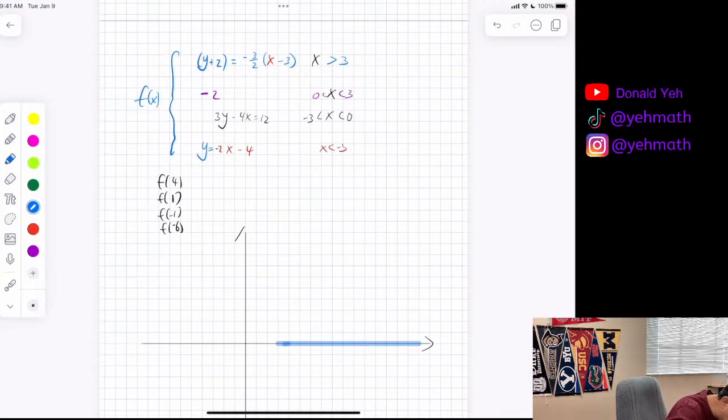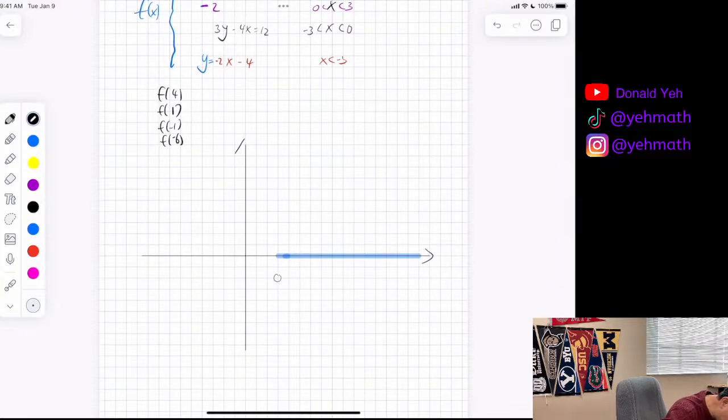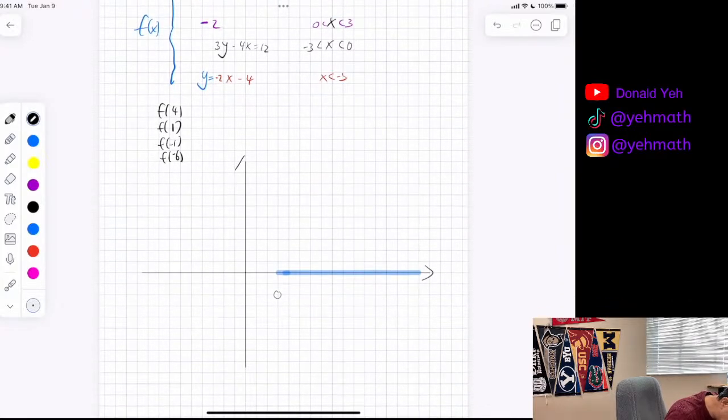Now I'm going to use the point-slope form. So this gives you a point of (3, -2). So (3, -2) is right here, and it has a slope of -3/2. So it means go down 3, right 2.